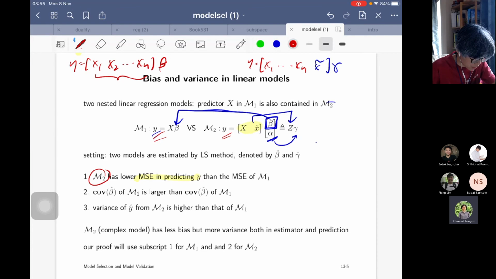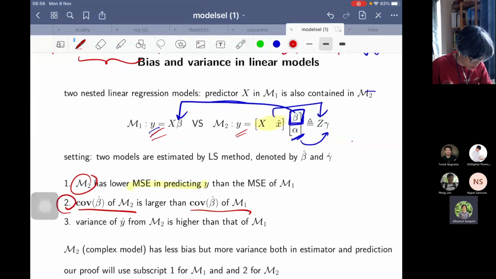All right. But the second bullet says, on the other hand, even though M2 seems to be more beneficial than M1, the covariance of beta hat in M2 is bigger than the covariance of beta hat in M1. The second consideration should be discussed with care because model M2 is bigger. It has more parameters.